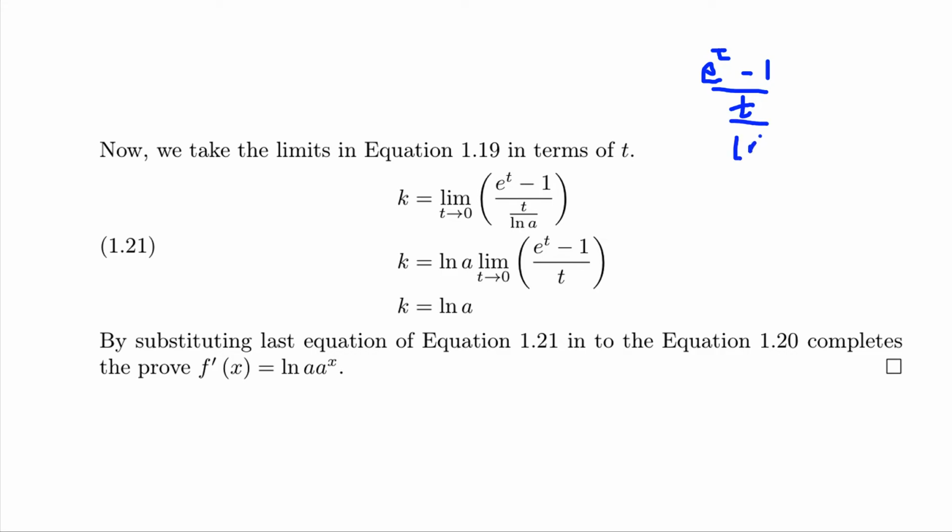We can write this expression as (e^t minus 1) divided by t over ln a.